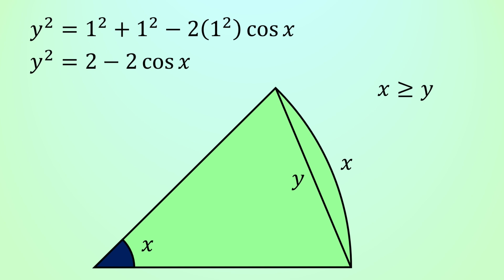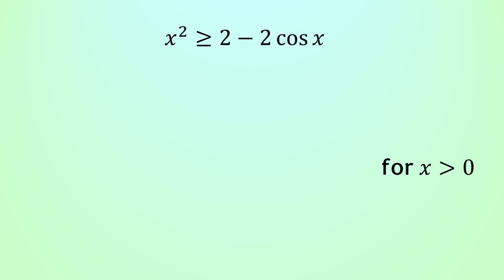But as both these are side lengths, they're both values greater than 0, which allows us to do the trick of squaring both things in the inequality, something you normally wouldn't be able to do because you're unsure if your algebra letters could be negative, but in this case it means we know that x squared is greater or equal to y squared, because squaring positive numbers is a strictly increasing function. Therefore, replacing y squared with the expression we calculated for it, we have the inequality that x squared is greater or equal to 2 minus 2 cos of x, as long as x is greater than 0.